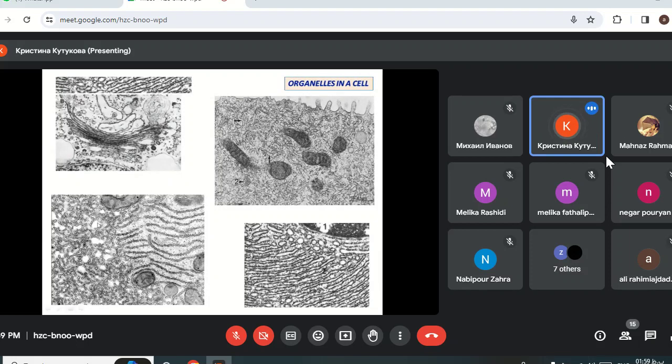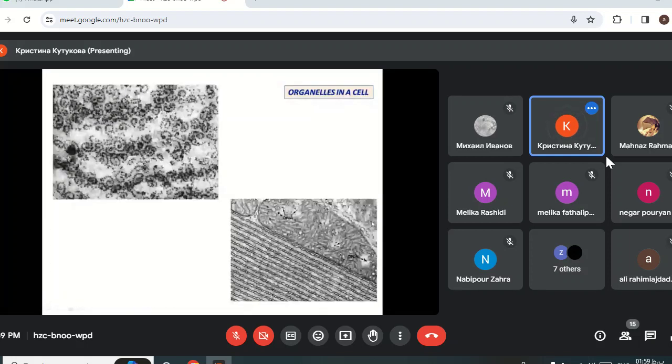In lower left picture you can see smooth and rough endoplasmic reticulum and also some mitochondria, regular ones with lamellar cristae. And here in the lower right picture you can see a lot of rough endoplasmic reticulum and a portion of the nucleus of the cell.